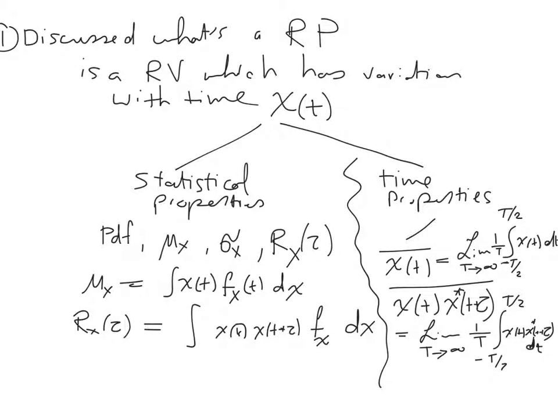Now, based on the statistical properties only, also what we were doing last time, we can classify our random processes. Assume this is a big class of functions called random processes, which have statistical properties as well as being functions of time. Inside those, there is a smaller class called wide sense stationary random processes. How do you know which random process is within this inner class and which is outside?